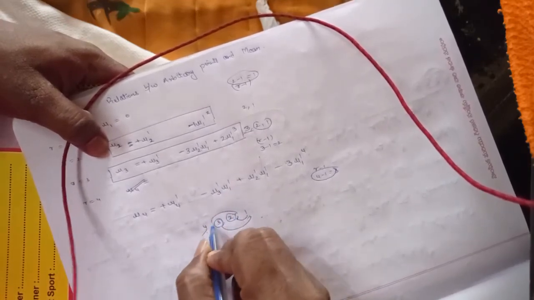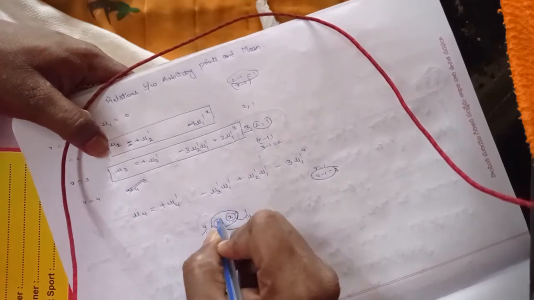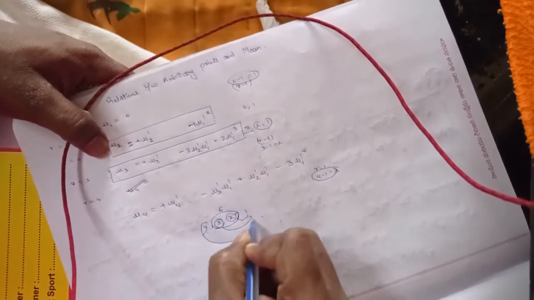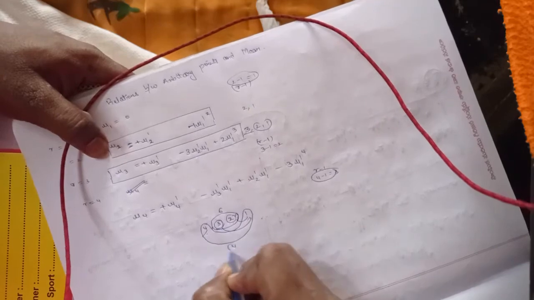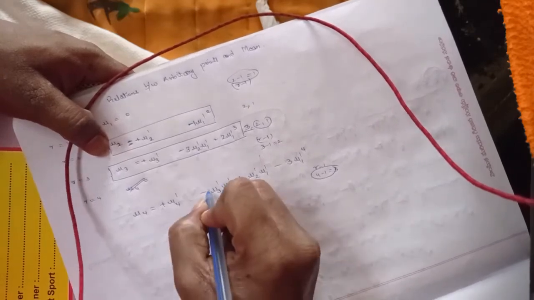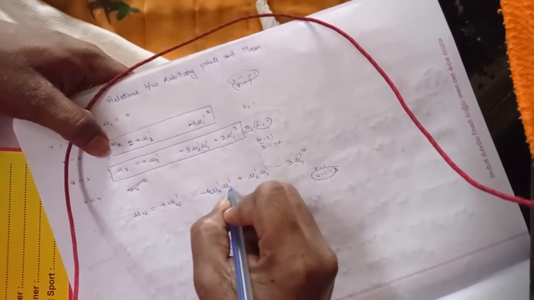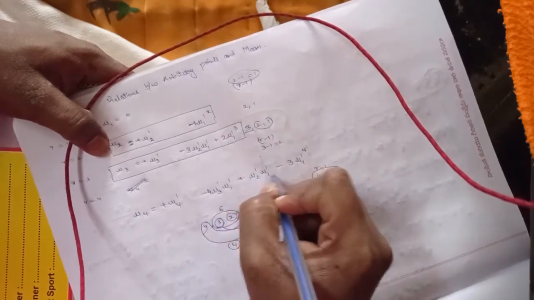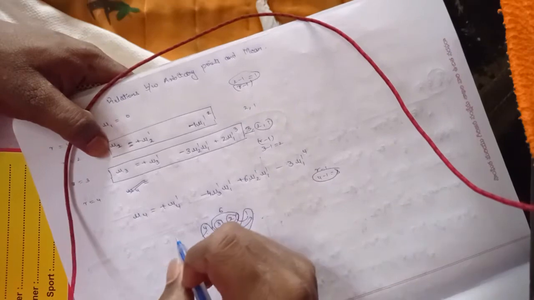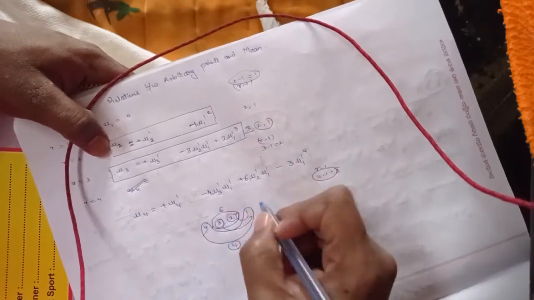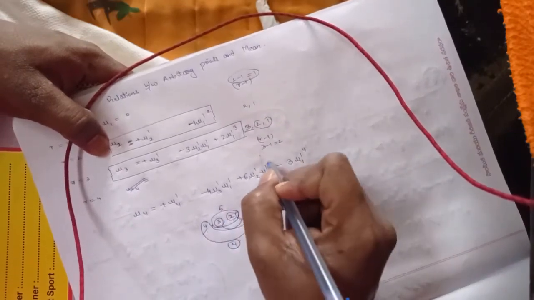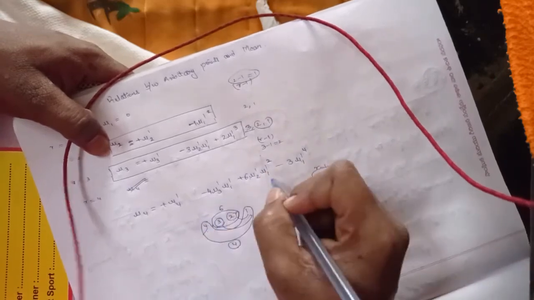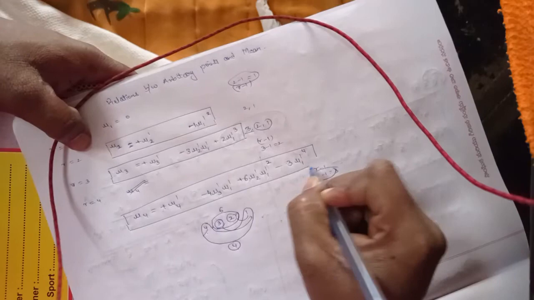A simple shortcut: 3 into 2 is 6, and 4 into 1 is 4. So 4 will be placed in front of u3 dash u1 dash, and 6 is placed in front of u2 dash u1 dash, and u1 dash will be squared. So this is the entire formation of u4.